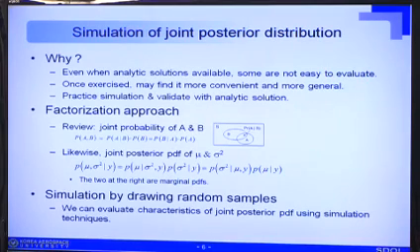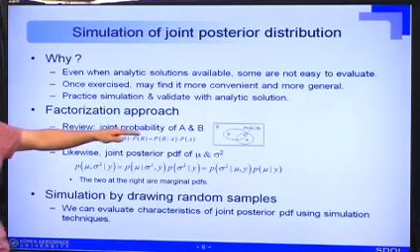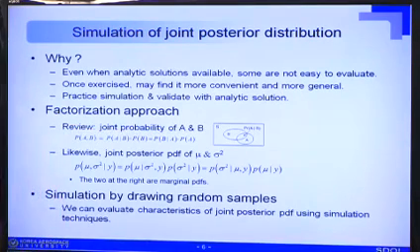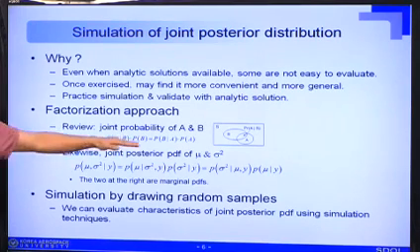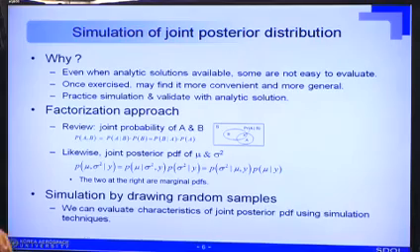In order to do that, one has to know what the factorization approach is. In order to understand this, we have to review the joint probability of two events A and B. The joint probability, by definition, is given in this expression. And I hope you may be familiar already with this.